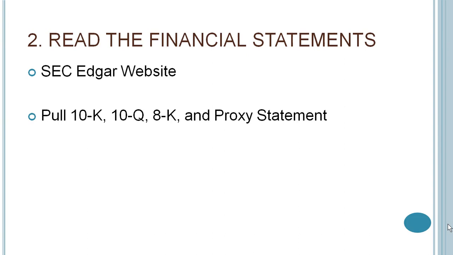The current report is pretty important because it covers anything new, any press releases or anything important that has happened to the company. So I like to read at least the last 6 months of current reports to get the most recent news flow about the stock. And don't worry, these are pretty short, usually a page or two.